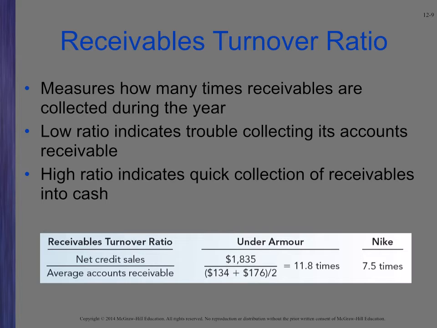The bottom half of the fraction is the average accounts receivable during the year, calculated as beginning receivables plus ending receivables divided by 2.